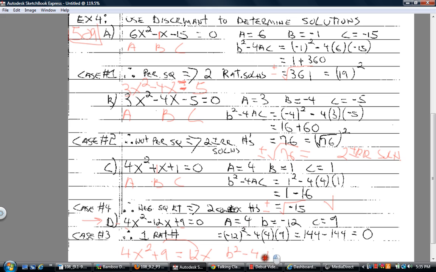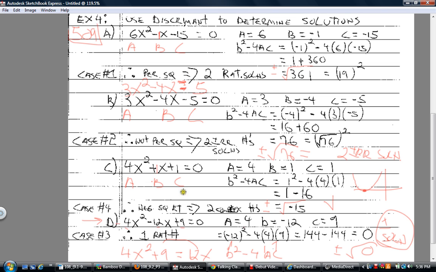Plug in, and you get 0. Take the square root of 0, plus or minus, and you get 1 solution. That's because you're adding or subtracting 0, and it only forces 1 solution. And that, again, by the way, is your parabola touching somewhere on the x-axis, just one spot.